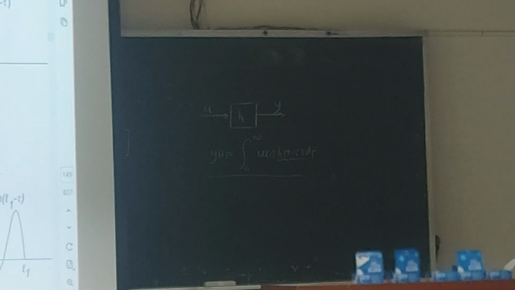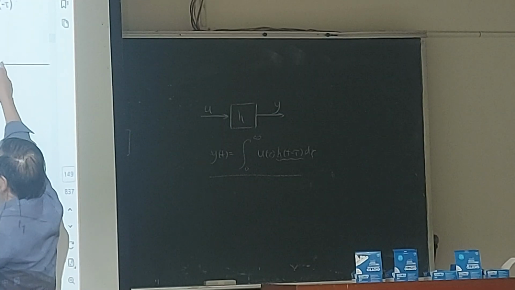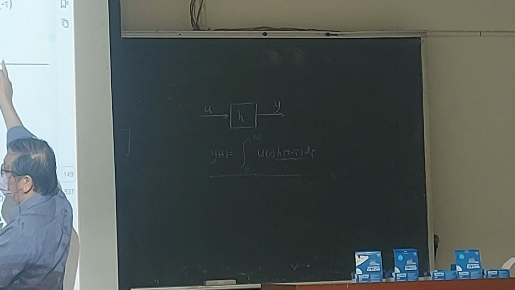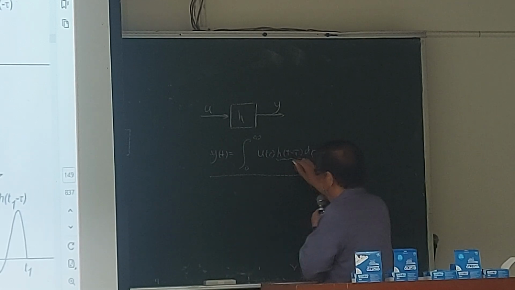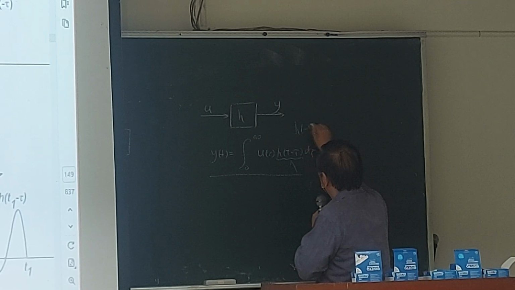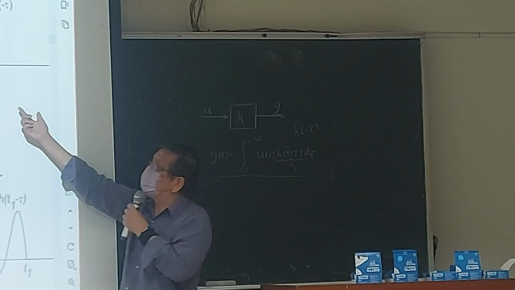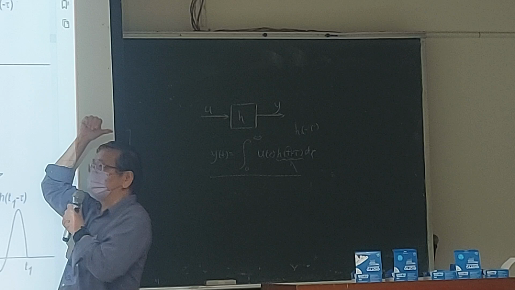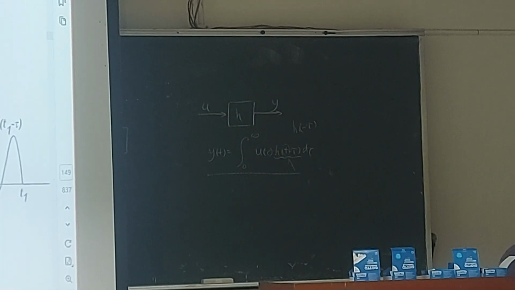At first, you have h of t, that's the impulse response. Then you flip it, time reversal, flip around the vertical axis. So you have h of negative tau, right? Then you move this curve to the right by t seconds every time, and multiply it by the u of tau, the input signal.